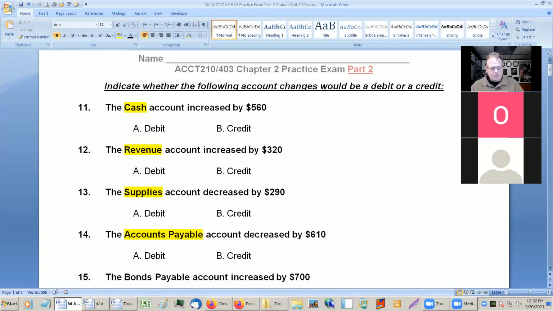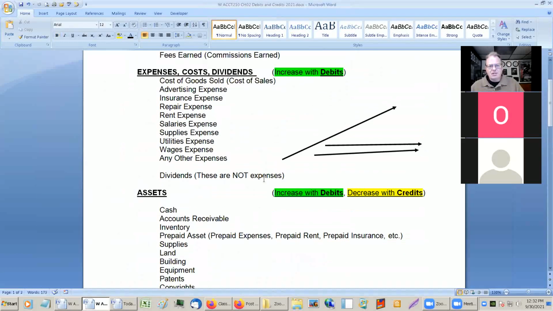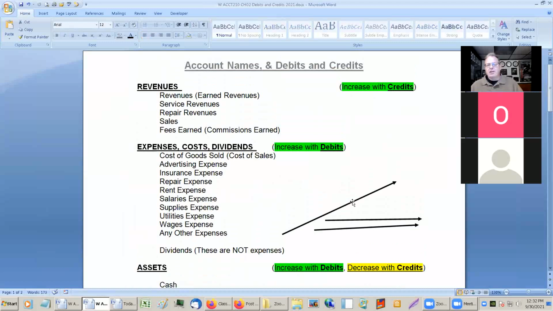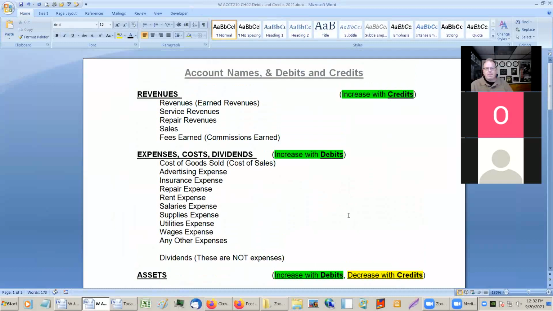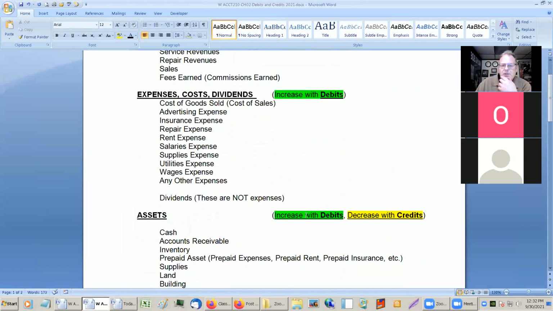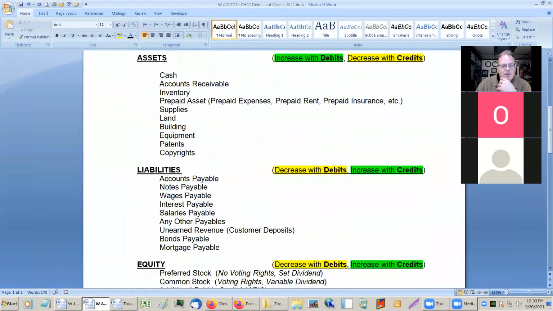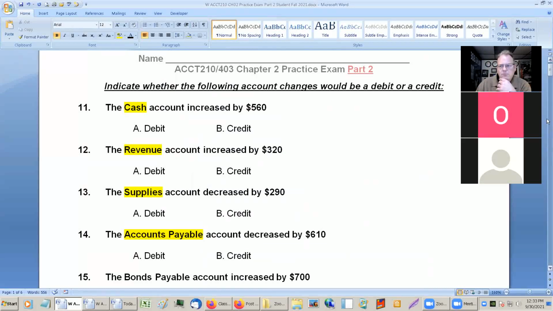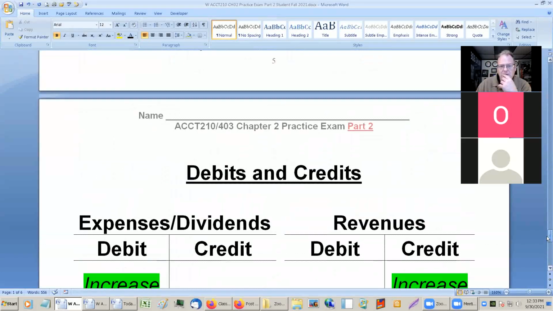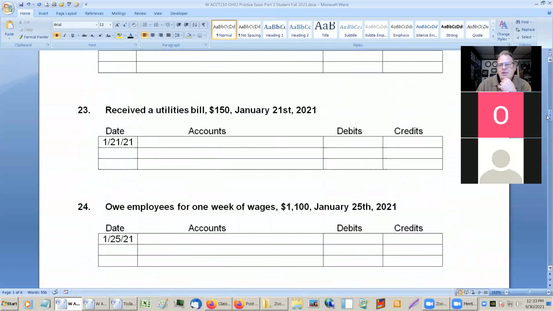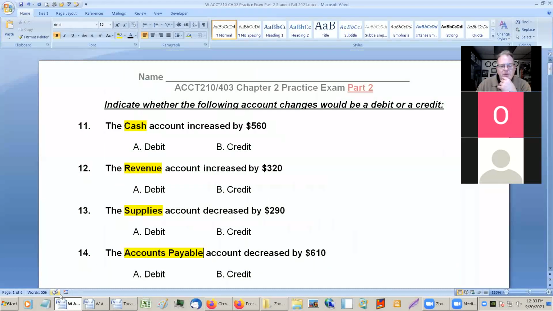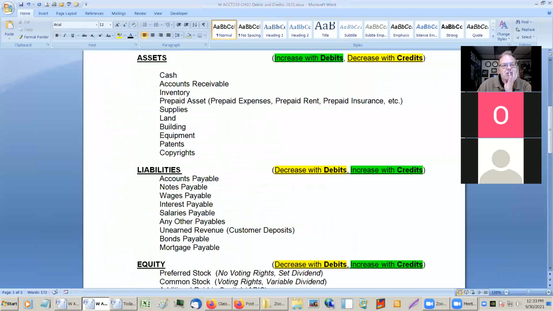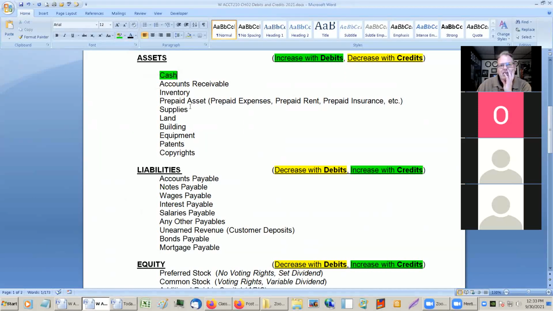Now this sheet on the right here, at the end of the handout, is kind of matching them up. So for instance, cash account increased. Cash account, debit. So this first one is really just matching them up.